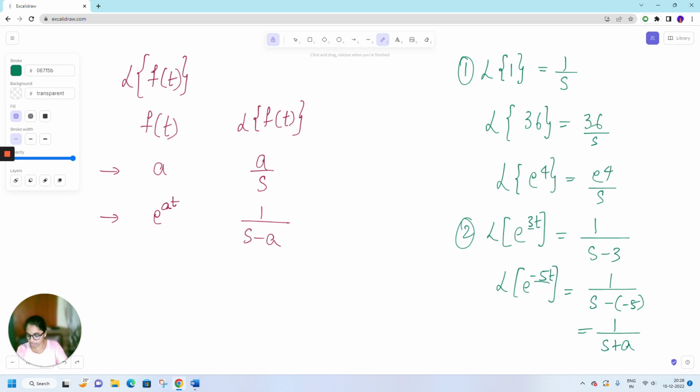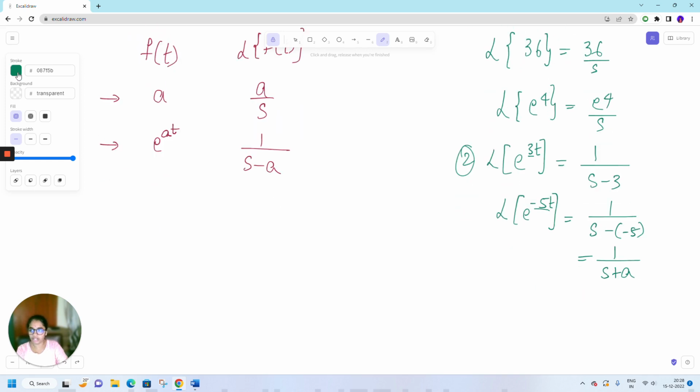Now moving on to our third formula. Laplace of t power n is n factorial divided by s to the power n plus 1. Say, find the Laplace of t cube.